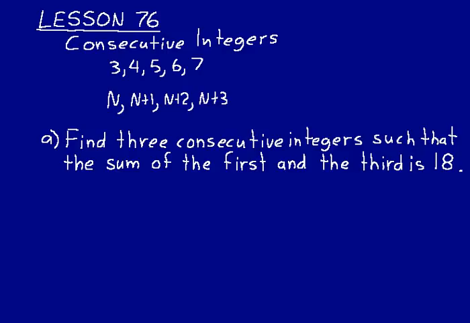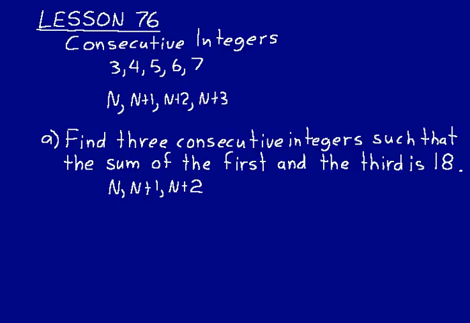Look at this practice problem. It says, find 3 consecutive integers such that the sum of the first and the third is 18. So we're wanting to find these consecutive integers. We don't know what they are. So we can use that method that we just talked about and describe n, n plus 1, and n plus 2 as our 3 consecutive integers.